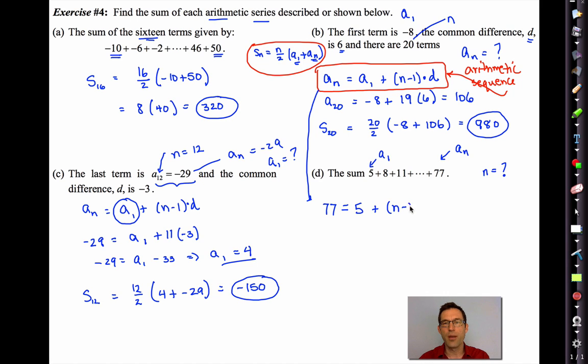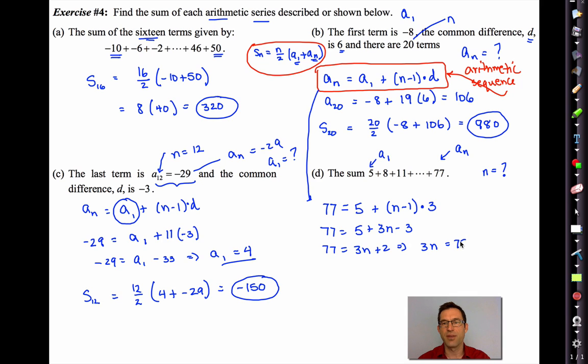I don't know the number of terms, but I do know the common difference is 3, right? So the beautiful thing is this equation now only has the number of terms in it, and I can solve it, right? 77 equals 5 plus 3n minus 3. Let's say I distribute the 3. So 77 equals 3n plus 2. Got to save myself some room.